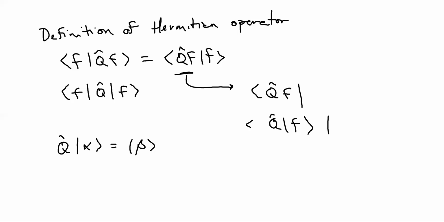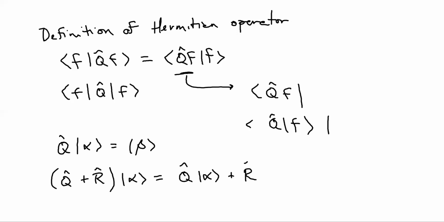So what happens if we have the sum of two operators acting on a vector? Well, that actually works out the way you would hope: you're going to have the sum of each operator acting on that vector.